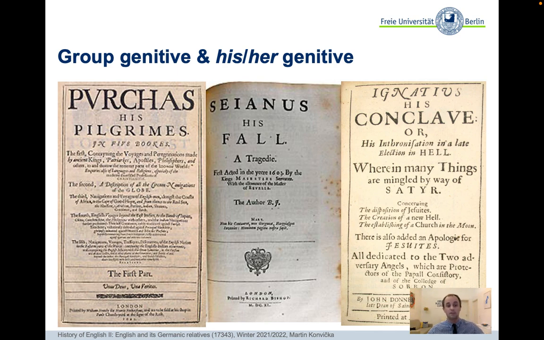Right, so purchas his pilgrims, Sejanus his fall, Ignatius his conclave. This 'is was reinterpreted as containing an H even though the H is not pronounced. And it also sort of makes sense because his pilgrims, his fall, his conclave, and so forth is something that makes sense semantically. And also, as I said, a similar construction can also be found in other Germanic languages. So this might as well be a natural development.